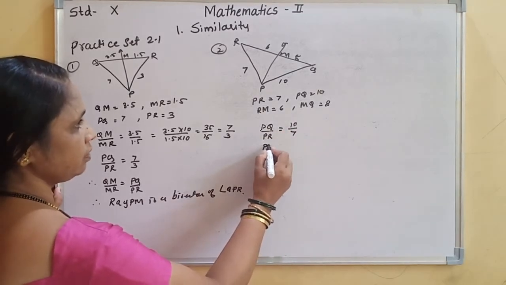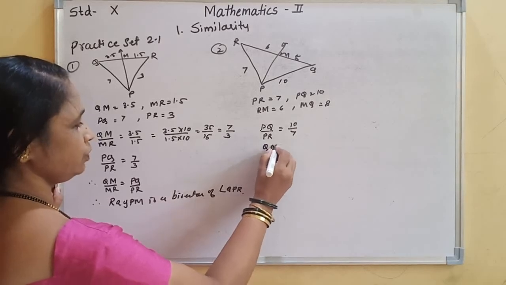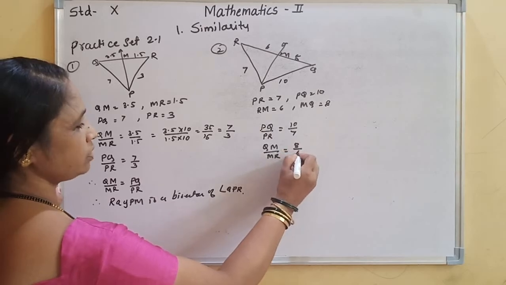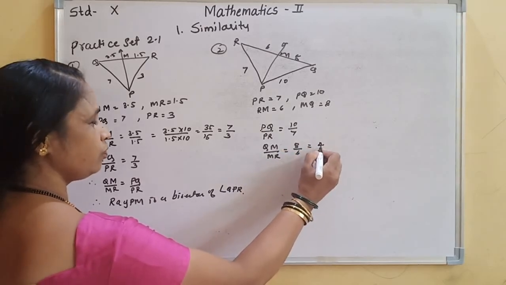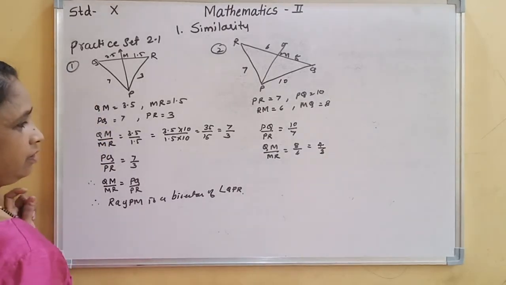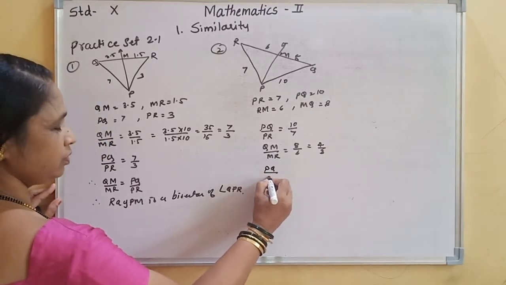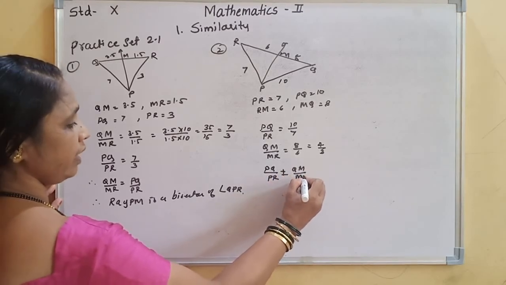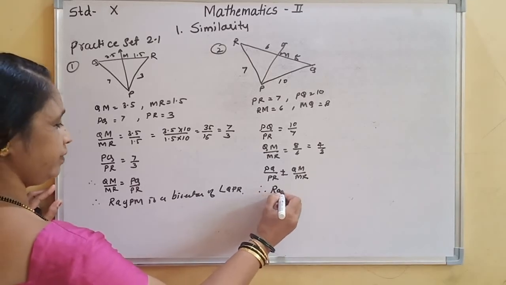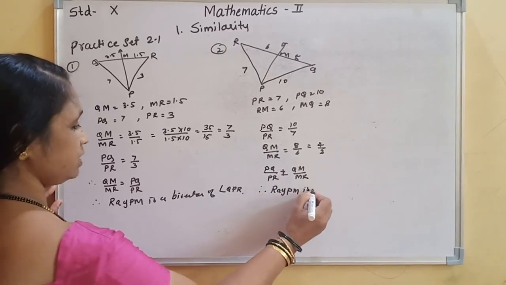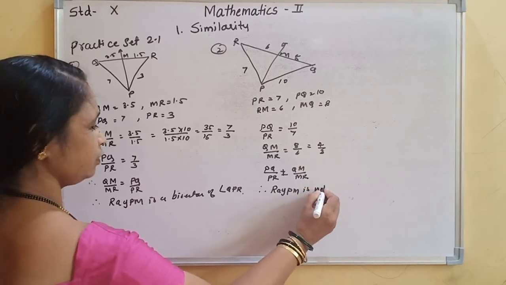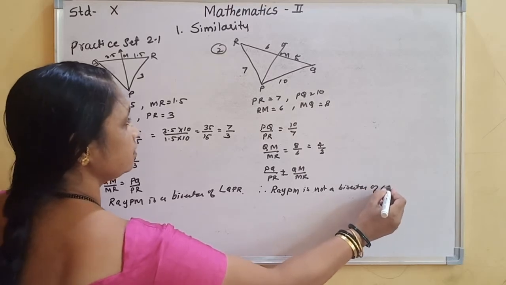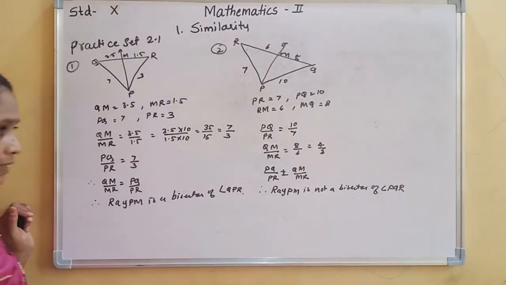Now QM upon MR: QM is 8 upon 6, which is equal to 4 upon 3. Now PQ upon PR is not equal to QM upon MR. Therefore, ray PM is not a bisector of angle PQR. Like this you have to write.